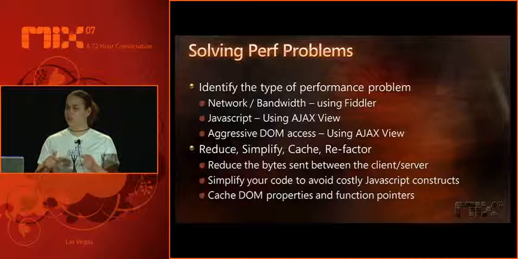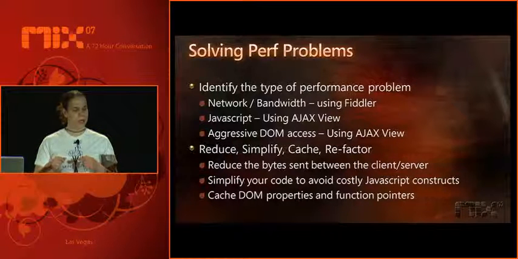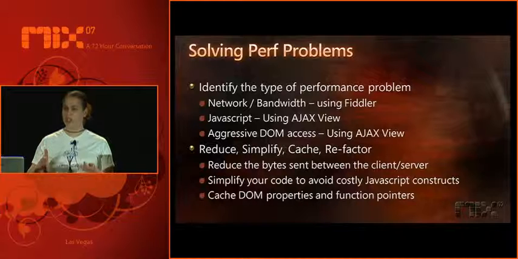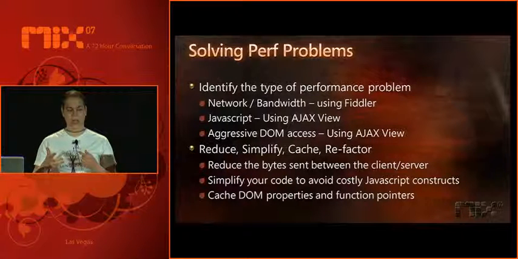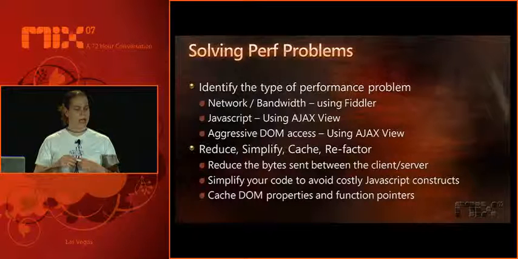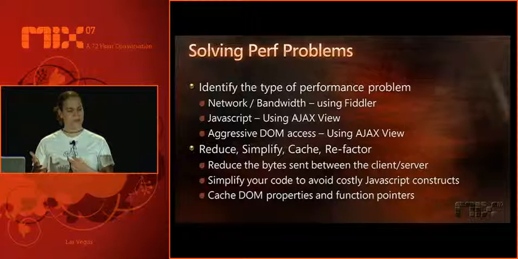You can watch the behavior of your website, your app in Fiddler. If you've got script or JScript that you're worried about, sheer calculation time problems and page load time problems all in one sort of view, you can use AJAX view. If you've got aggressive sort of DOM access, you can also use AJAX view.